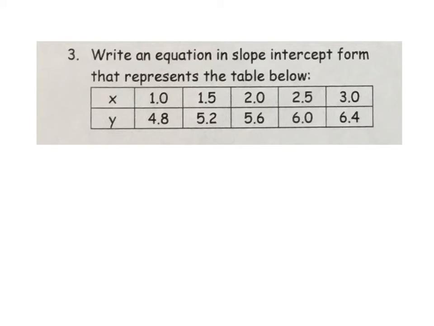Okay, number 3 says to write an equation in slope-intercept form that represents the table below. Remember, you have to find your change in y, find out what these differences are, and then the change in x. Remember, y equals mx plus b.